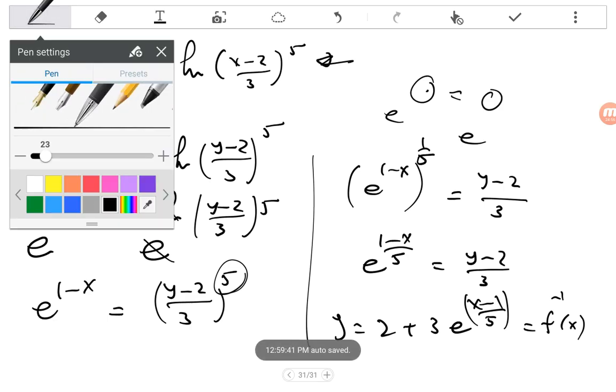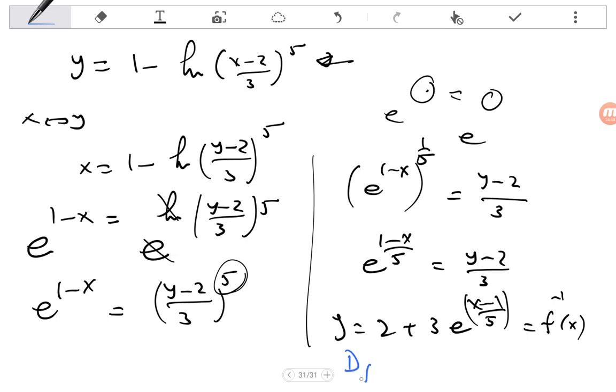What about the domain? So the domain of that inverse is just the range of the original function f. What is the domain in this case? Do I have any restrictions on the input of an e? No. e to the power x has a domain of R. So in this case we will have no restrictions on this function.